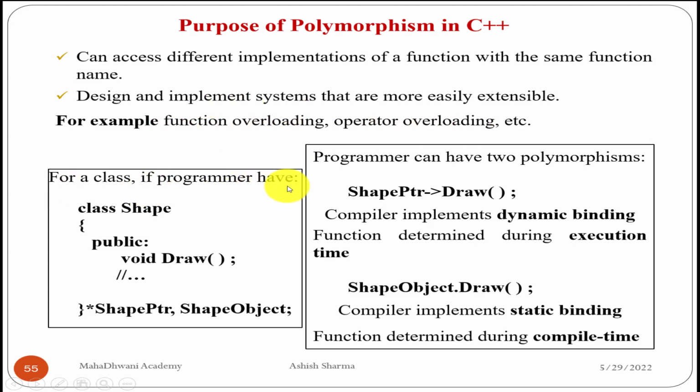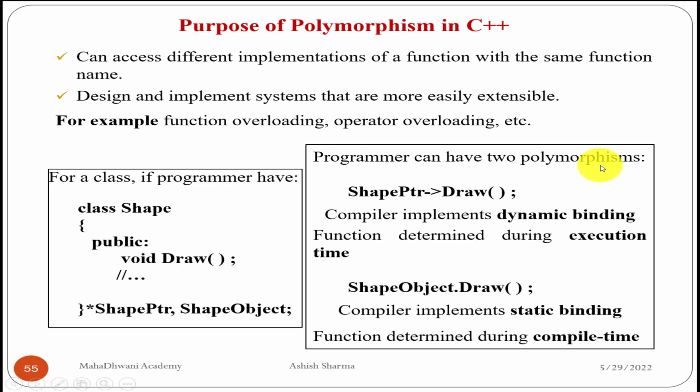For a class, if the programmer has the class Shape, inside the class Shape we have the public section. Inside the public section, declare void draw as a method. Just declare the method; we don't write the definition here. Then close the class, and show the pointer variable and the object. Shape pointer ptr is the pointer variable. Shape object is the object of the class Shape.